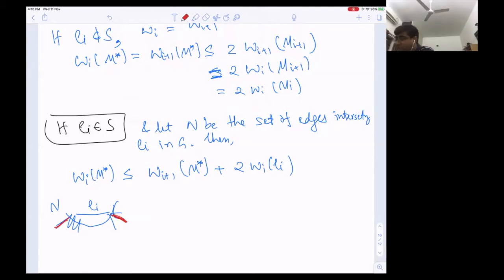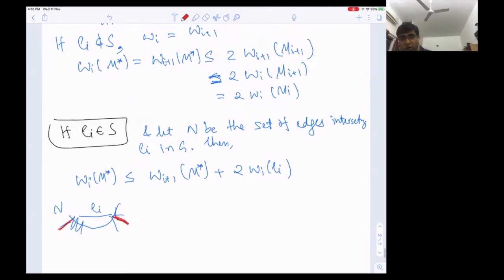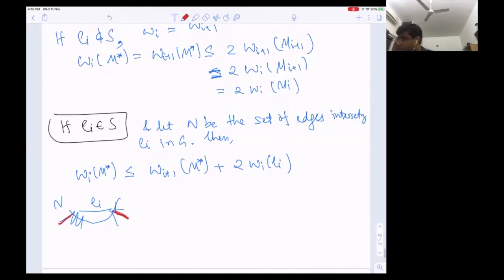And what is the change? With respect to e_i, in w_{i+1} I subtracted from each of these edges exactly weight_i(e_i). This is all that I did. It could also be that M star contains just e_i. Remember, in w_{i+1} we decrease the weight of this edge by exactly 2 times w_i(e_i).